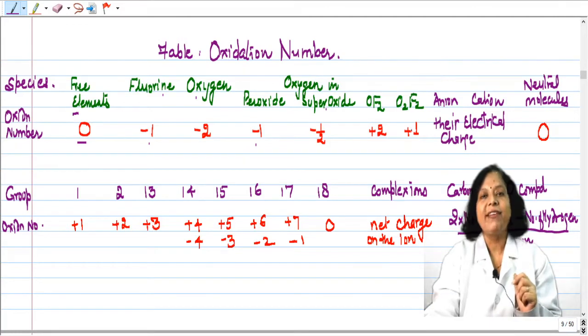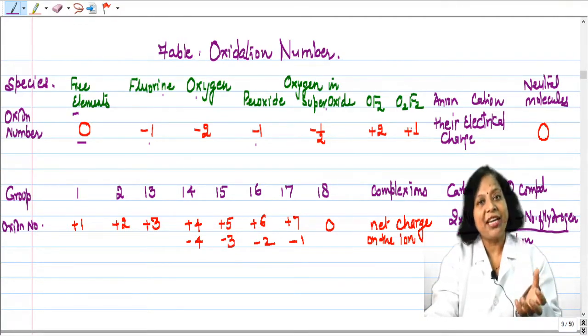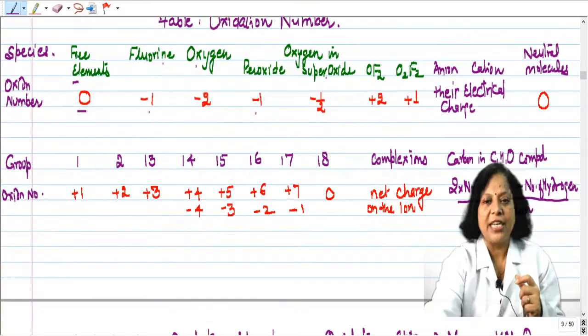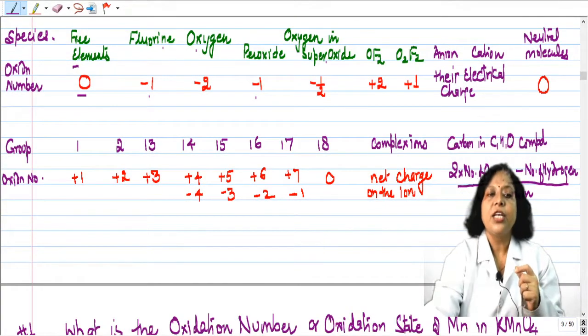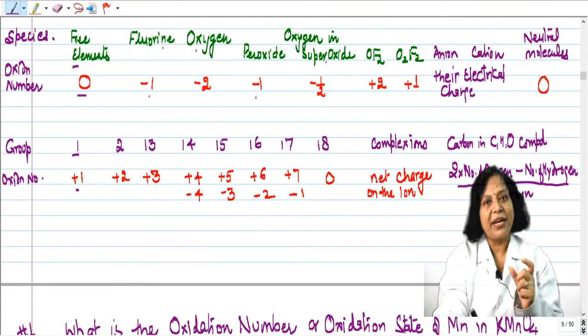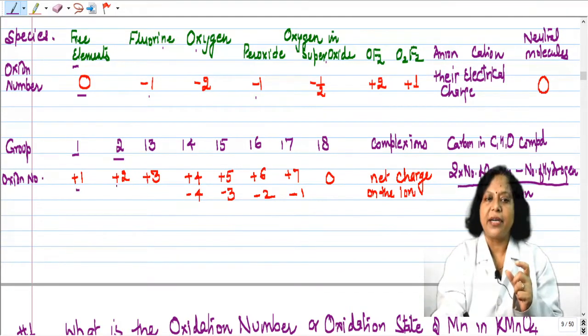So remember, oxygen is not the same in all. Now, when we talk about anions and cations, they have their electrical charges like we discussed earlier. Neutral molecules have 0 oxidation number. Now, when we talk about groups, as the group is there, accordingly the oxidation number is there. If it is group 1, the oxidation number is plus 1. If it is group 2, plus 2.